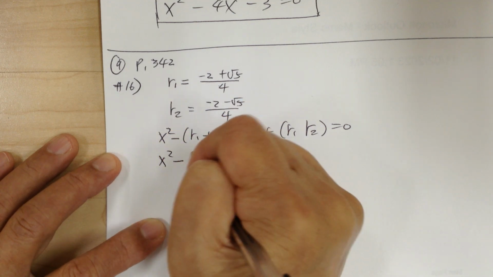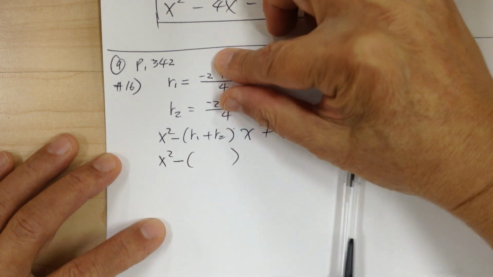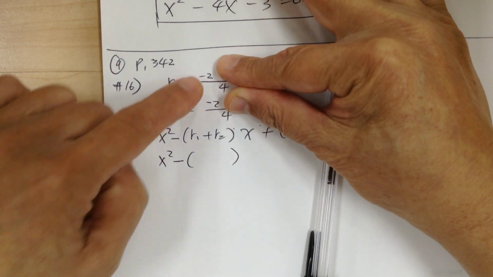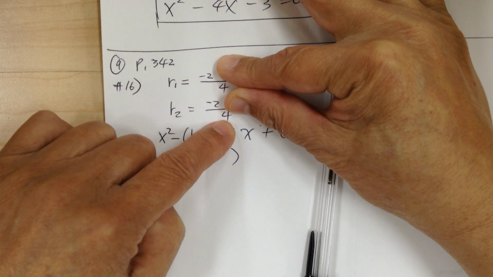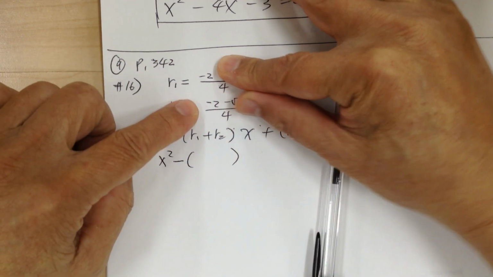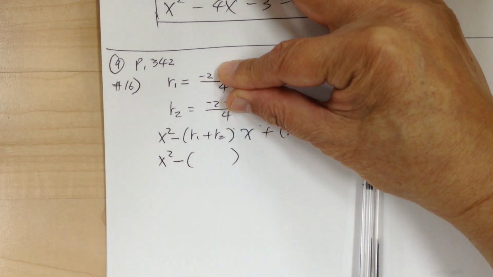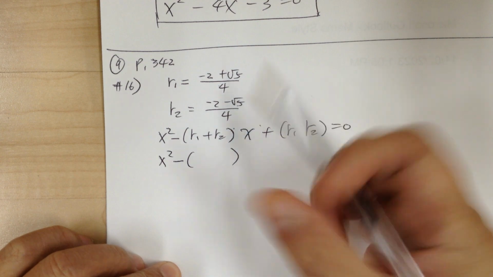So you can substitute all the stuff in here. When you add, the plus and minus will get cancelled out. So you got negative 2 over 4 plus negative 2 over 4. Again, you can go off to the side. You're going to get negative 4 over 4, so it'd be negative 1.